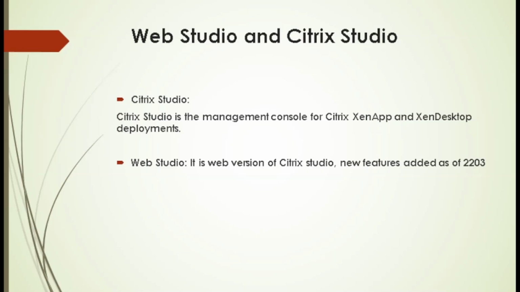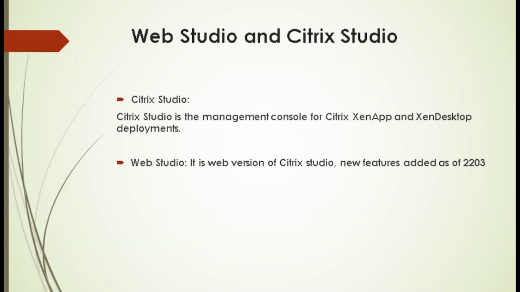It's a new feature. It was added in the 22.03 version. Before that, to manage a Citrix site, Studio was the only tool, but now they added Web Studio also. So the Web Studio is like a Citrix Cloud Studio.